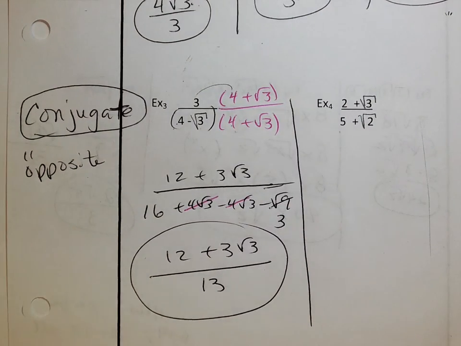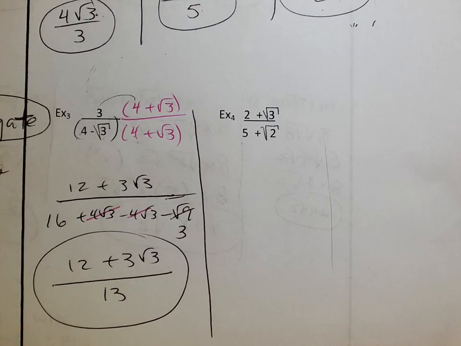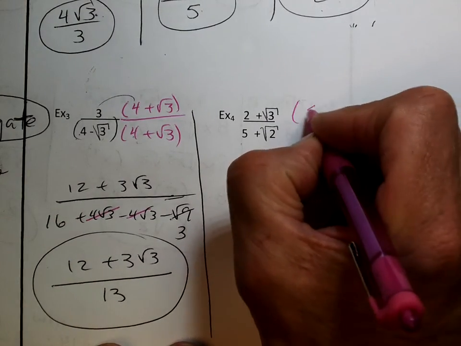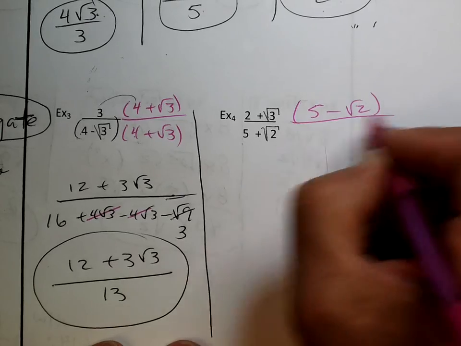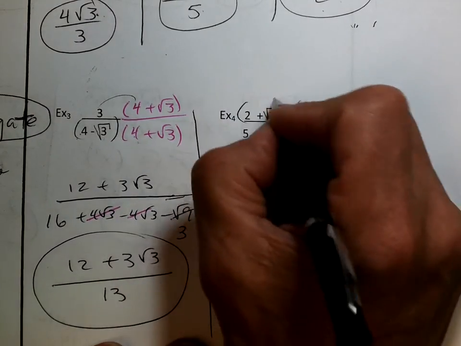You ready? We're going to do the same thing. Okay, what's the conjugate? Yeah, so it's just 5 minus the square root of 2. Now I have to do a little FOIL on top, but I can handle that.